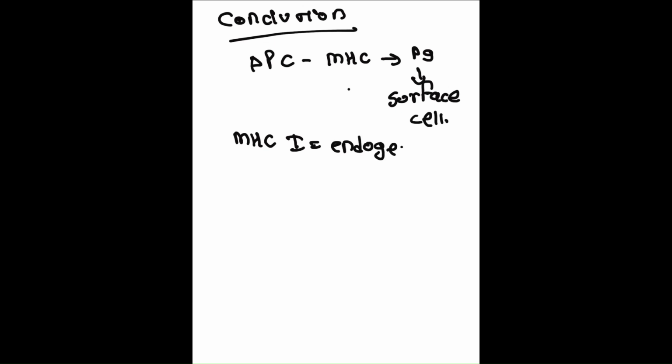MHC class 1 is endogenous, meaning the cell is already infected. MHC class 2 is exogenous, meaning it engulfs the antigen from outside and presents it. I hope you got the information about the APC, MHC1 and MHC2.